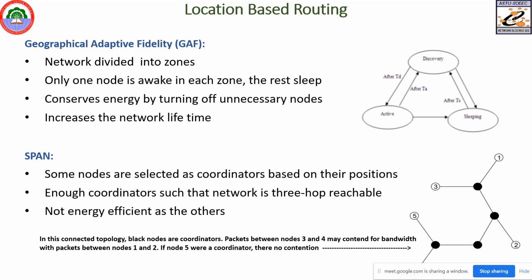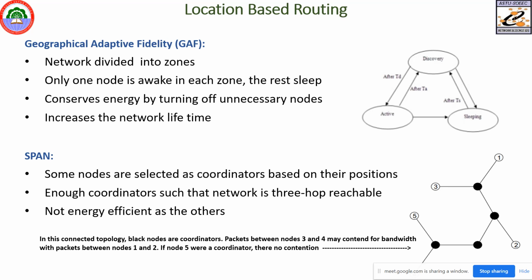Once a node becomes the coordinator, two neighbors coordinate with this coordinating node, and because of this, all the nodes are not using much energy. Because of this design, the consumption of energy is going to be reduced.